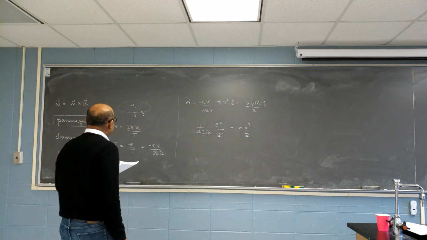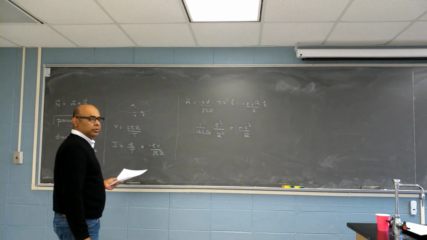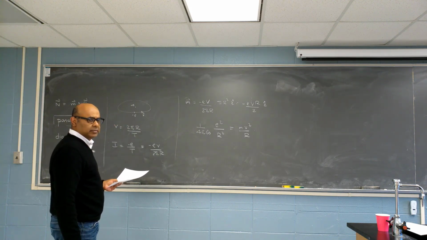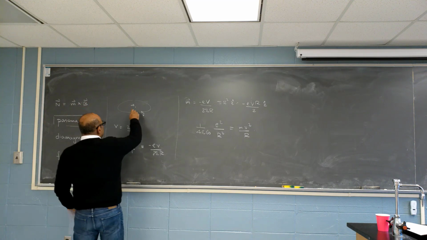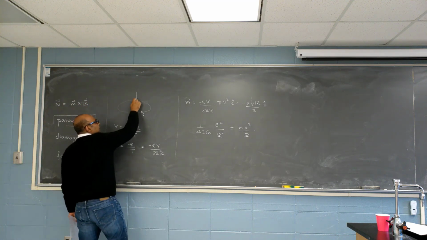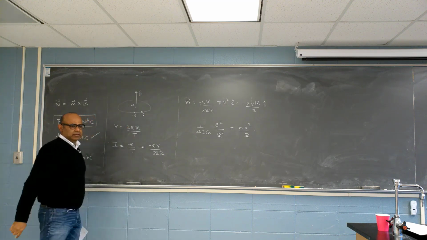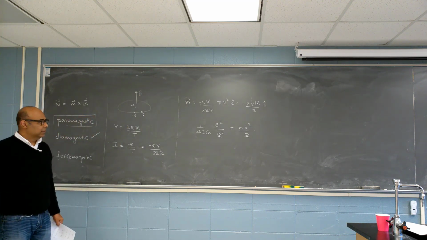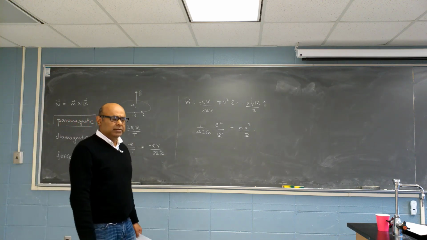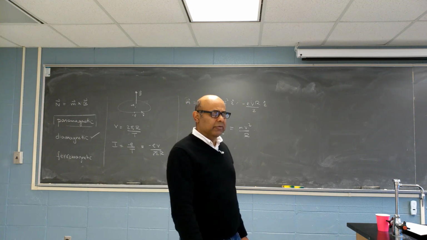Okay, so now let's assume you turn on the magnetic field. And we'll be nice enough to turn on the magnetic field in this direction. As you turn on the magnetic field in the z direction, you're going to get an additional force on the electron.